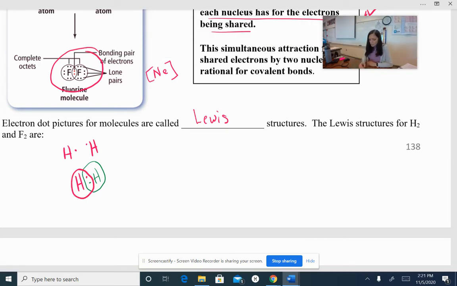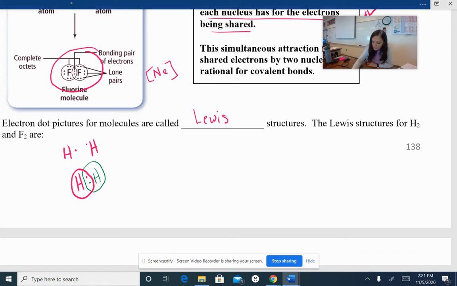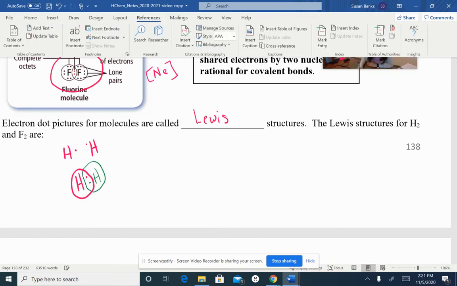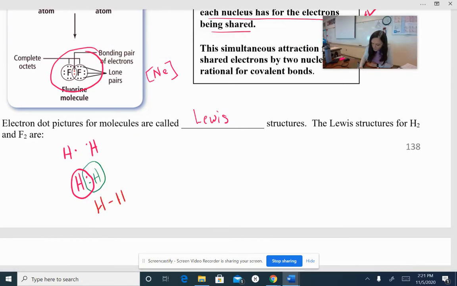Now, in Lewis structures, these shared electrons are sometimes given with a line. This is 2 electrons that are shared between the 2 atoms.